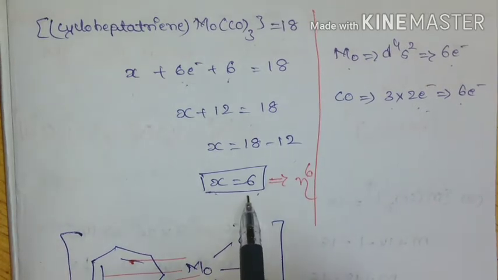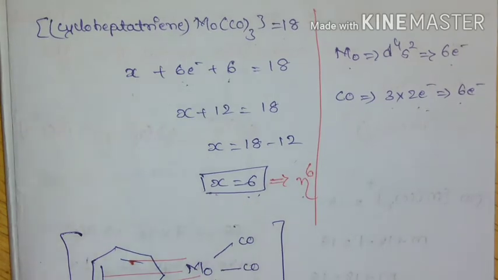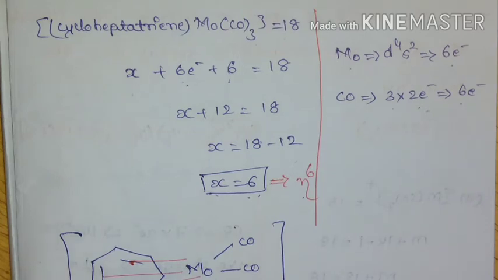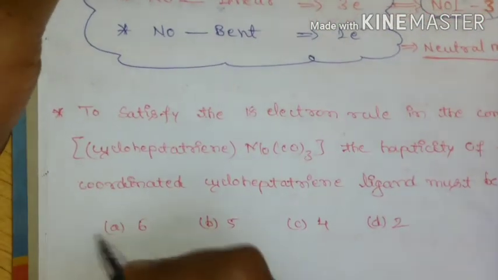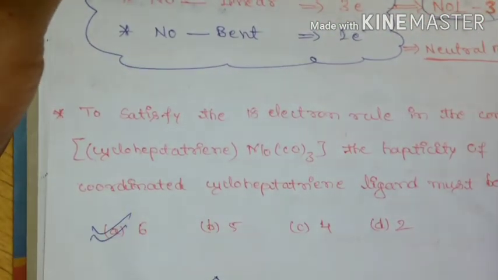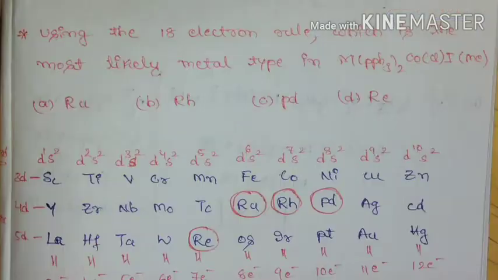Since we got X is equal to 6, we can say that the hapticity of this cycloheptatriene will be 6. Option A is correct, that is, cycloheptatriene has hapticity equal to 6.